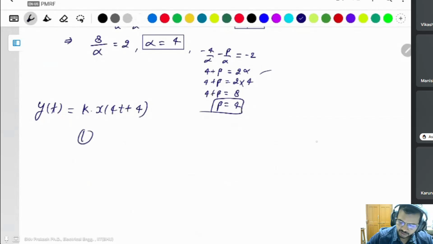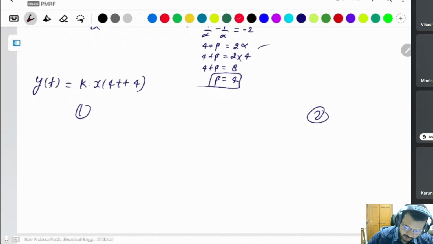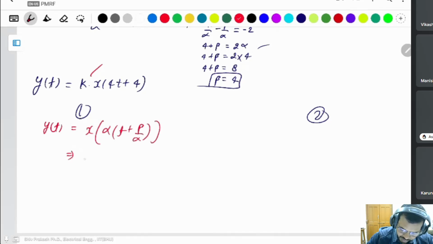This is the first thing. Second thing, y(t) is equal to, I remove the k value, then x(alpha t plus beta by alpha). In this case, 4 is common, t plus 1. 4 by 4 is 1.